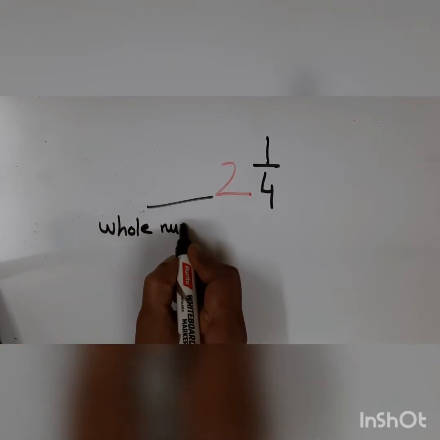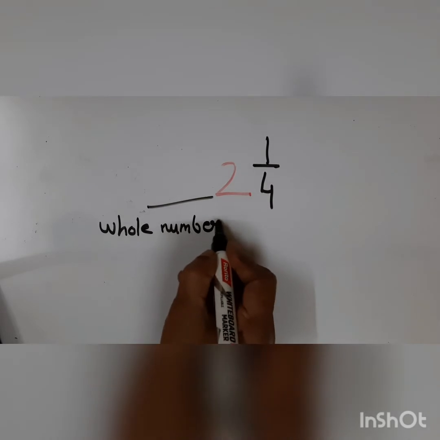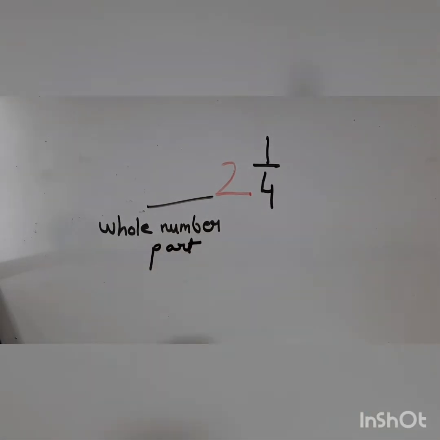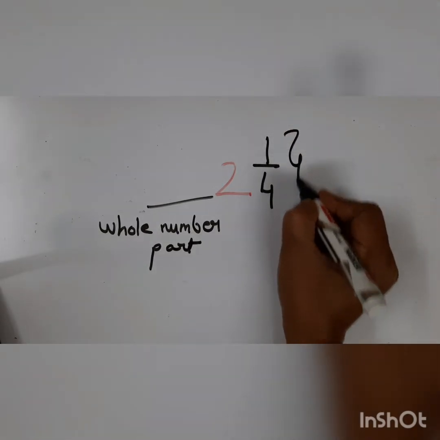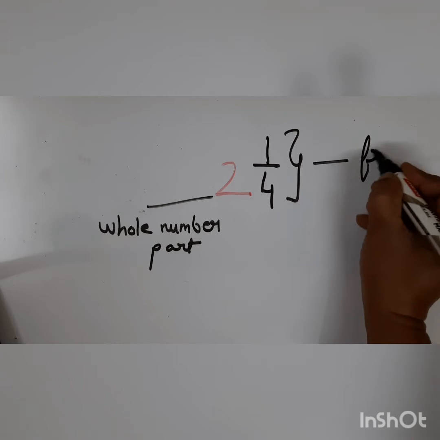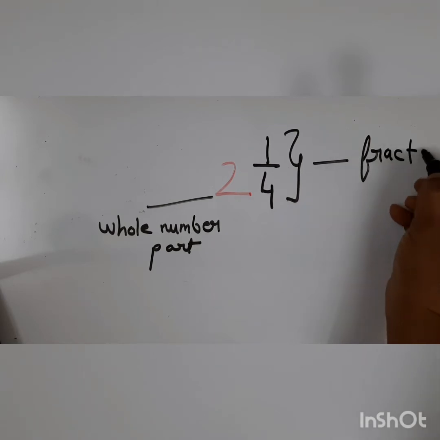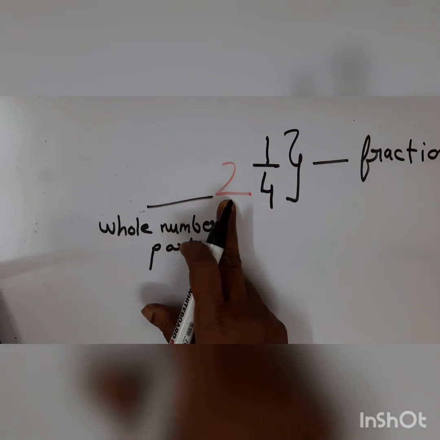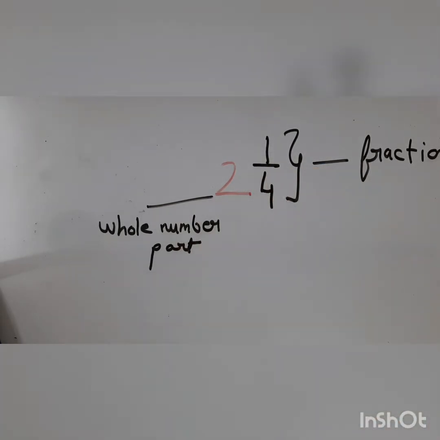And this over here, 1/4, that's your fraction. Right? This is the whole number 2 and this is your fraction 1/4, where 1 is what? Numerator, and 4 is your denominator.